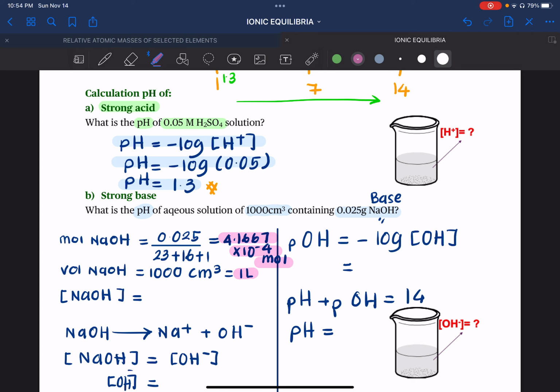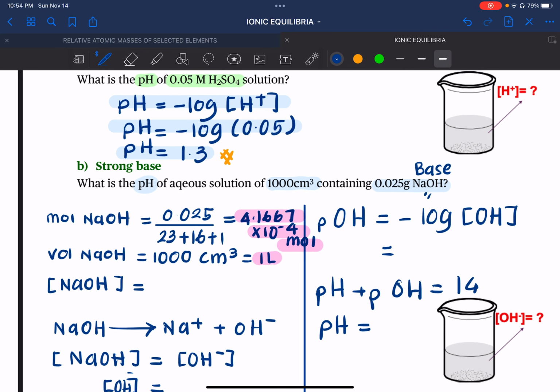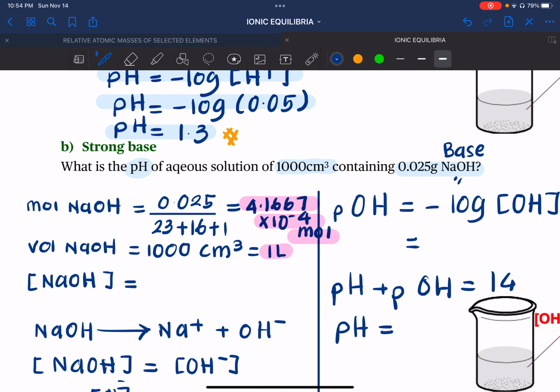Okay, once kita dah dapat mol, kita dah dapat volume, so kita boleh cari dia punya concentration. So, divide by 1.